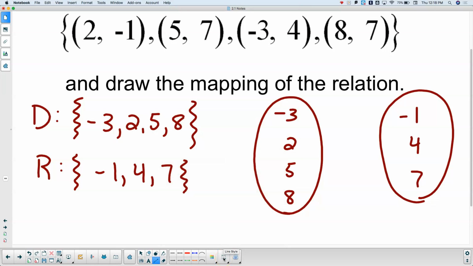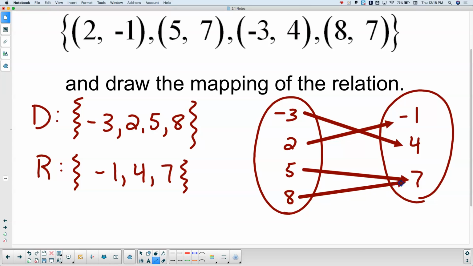Okay? So 2, -1 would look like that. 5, 7 would look like that. -3, 4 and 8, 7.